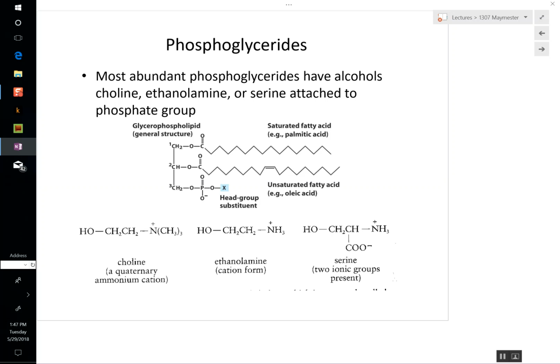And then on one of those oxygens there is X, some component, like choline, a quaternary ammonium cation. We looked at this in chapter 15. Here is a nitrogen with 4 carbons around it. 1 and 3 methyls, 4 carbons. It's a quaternary ammonium ion.